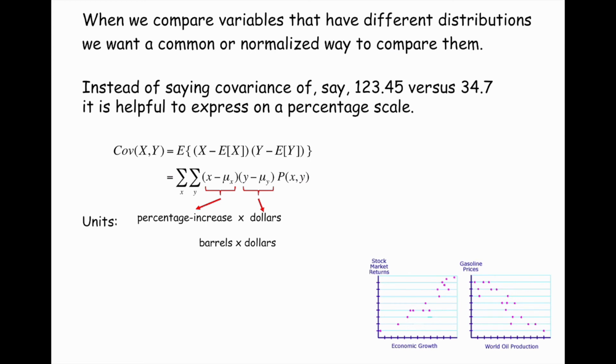It's not really meaningful. Likewise, for oil production and gas prices, that graph on the right, you'd have barrels times dollars, barrel dollars. What's the covariance for this oil gas price thing? Oh, it's 20 barrel dollars. What's a barrel dollar? So it's important when you're talking about the coupling to be able to talk about them on something that looks like a percentage scale.